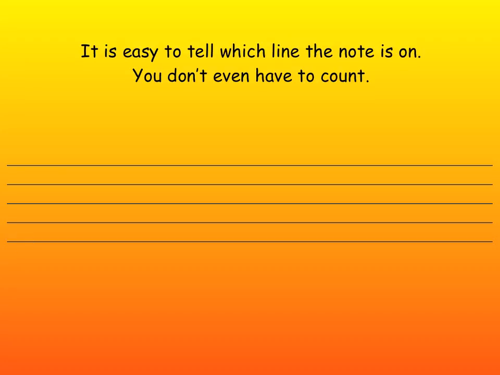Bottom line, next to the bottom, middle, next to the top, top, next to the top, middle, next to the bottom, bottom, next to the top, next to the bottom, middle, bottom, top. Those are the line notes.